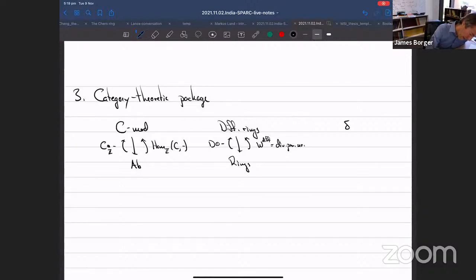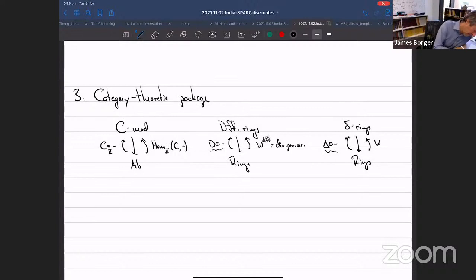And then finally, we have delta rings, with a forgetful functor to all rings. This is the one we really care about. This is the usual Witt vectors, and this will be something similar to the free differential ring functor. This will be the free delta ring functor, and it will be some kind of generalized tensor product.